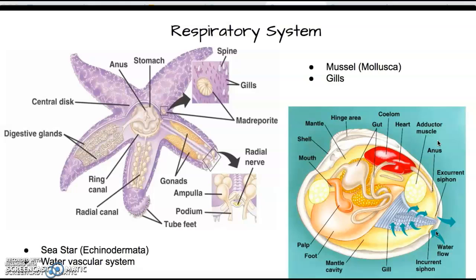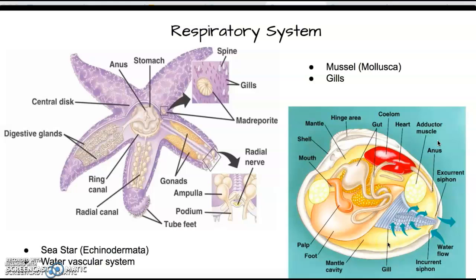The water goes in through this in-current siphon and across this portion called the mantle. This whole cavity right here is the mantle, and it goes all the way up here and over here, and surrounds basically the whole shell of the mussel.